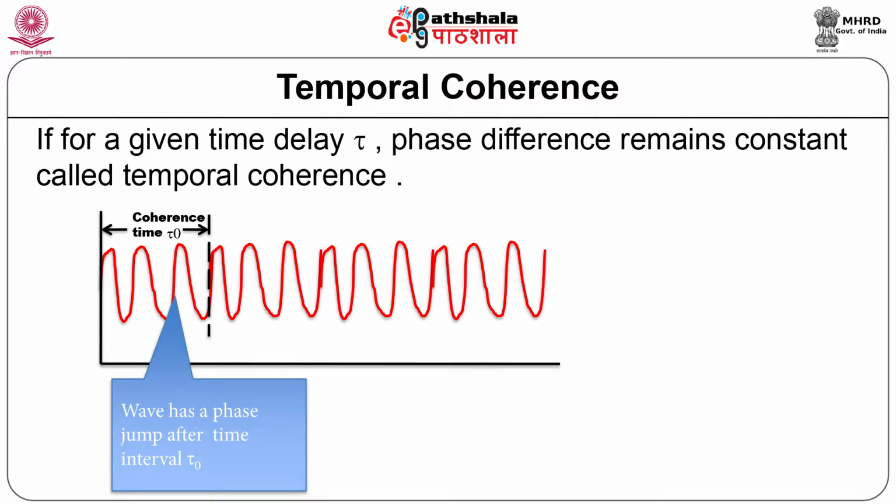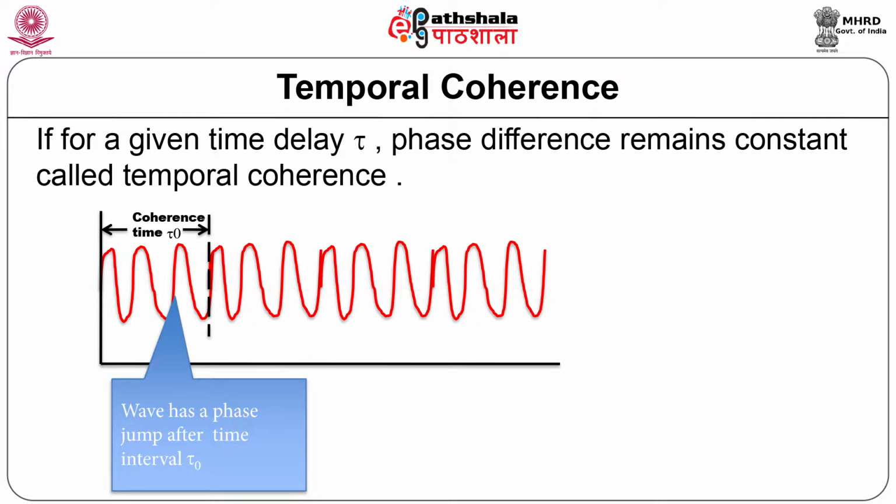Consider the electric field of the electromagnetic wave at a given point P at time t and t plus tau. If for a given time delay tau, the phase difference remains constant, we say there is temporal coherence over the time tau. If this occurs for any value of tau, then the wave has perfect temporal coherence.